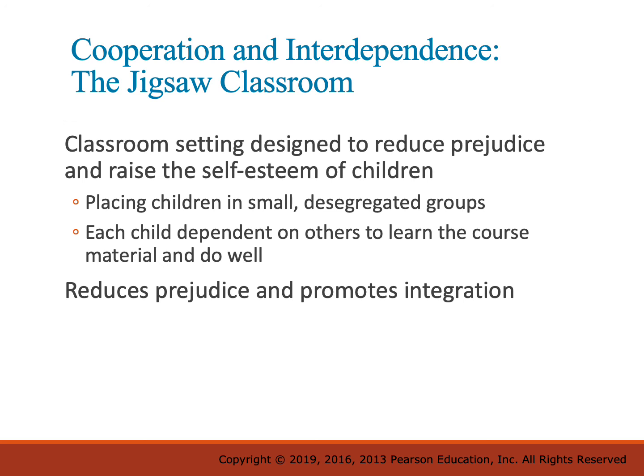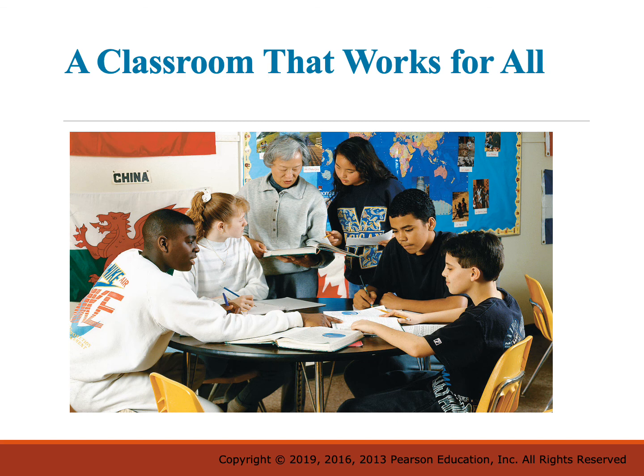Part of the way that the children learn the material is by explaining it to other children, right? So it raises the self-esteem of the kids when they get to teach other kids, and it reduces the prejudice and promotes integration within the classrooms. So it's been a very big success story. It's called a classroom that works for all, okay?